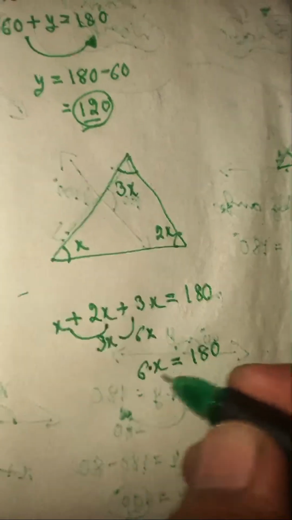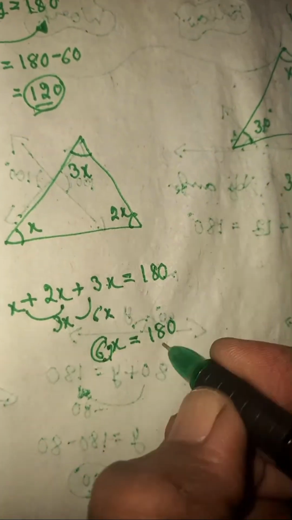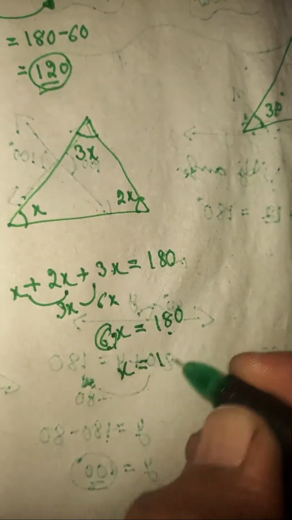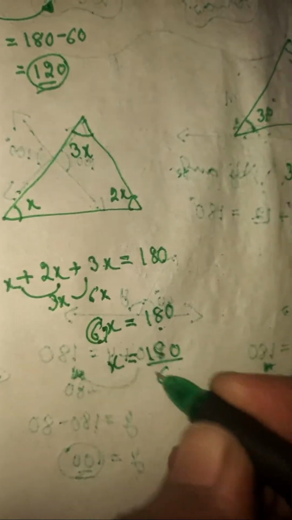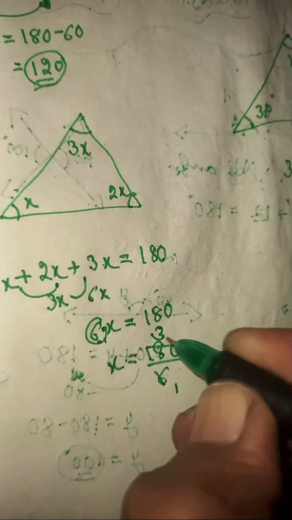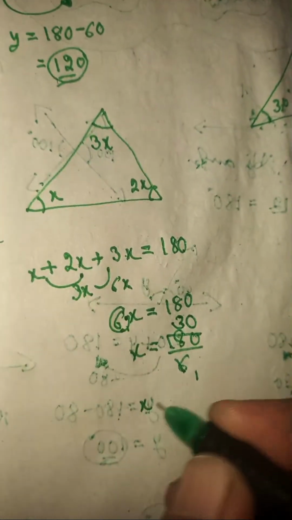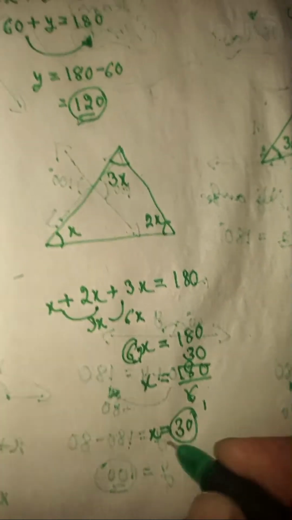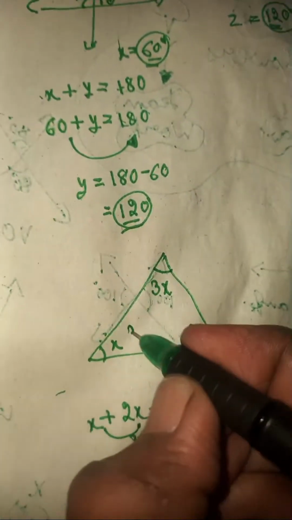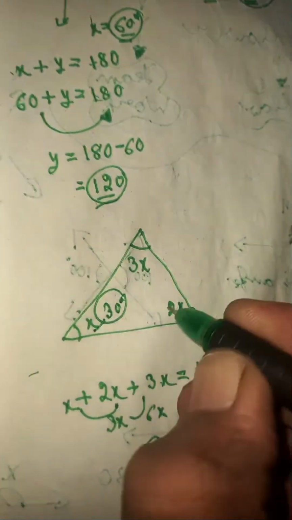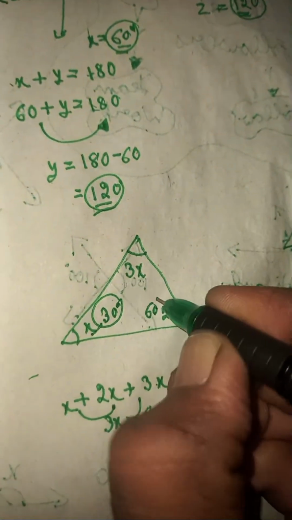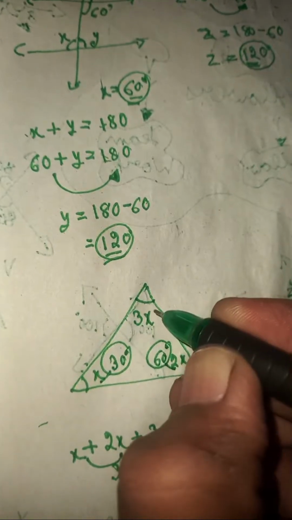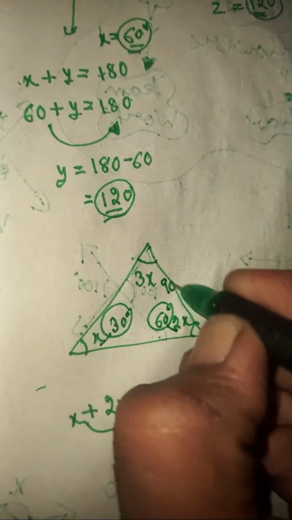Now this is 6 times x. If you send that 6 across, it comes to the denominator. x equals 180 by 6. Now you can divide: 6 times 3 is 18, and the 0 comes along. x equals 30 degrees. So this angle is 30 degrees, and this angle, which is 2x, is 30 times 2, 60 degrees, and this angle, which is 3x, is 30 times 3, which is going to be equal to 90 degrees.